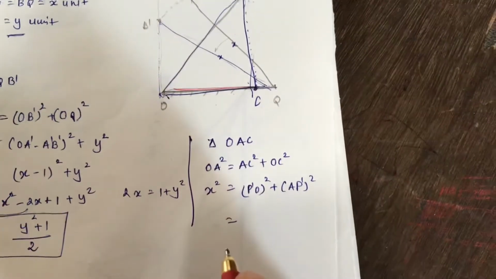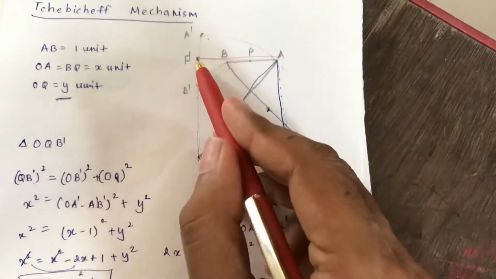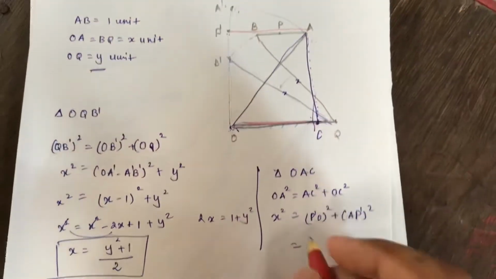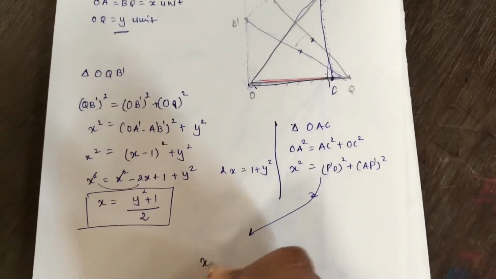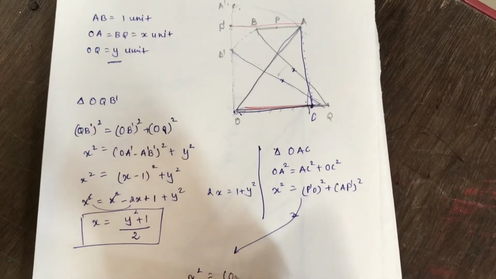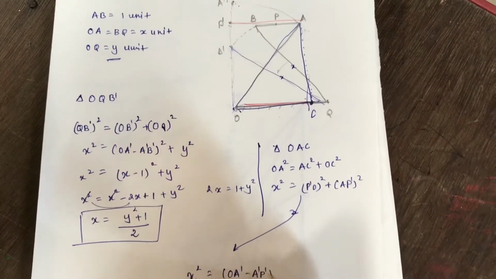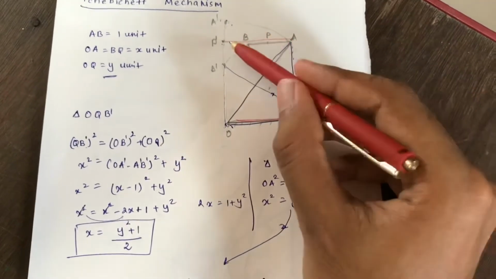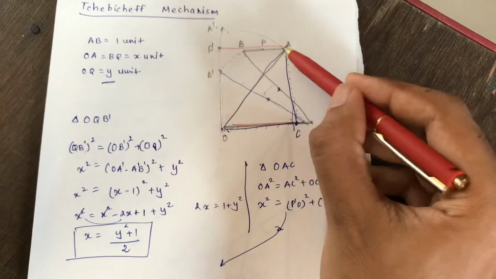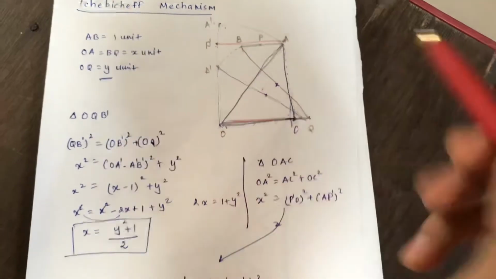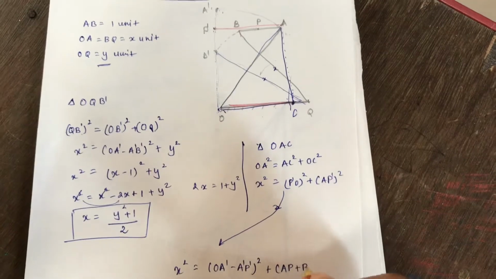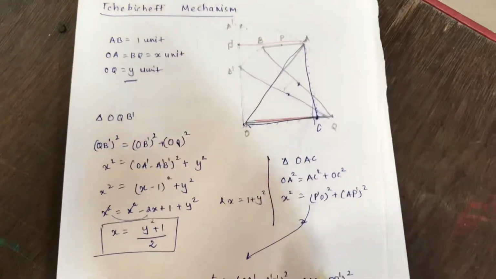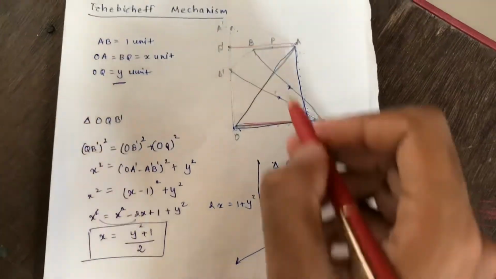Now what is the meaning of P dash O? P dash O I can write as OA dash minus A dash P dash. It is (OA dash minus A dash P dash) whole square plus AP dash square. What do you mean by AP dash? AP dash is AP plus PP dash. So OA dash and OA are both the same, so that is X minus A dash P dash.